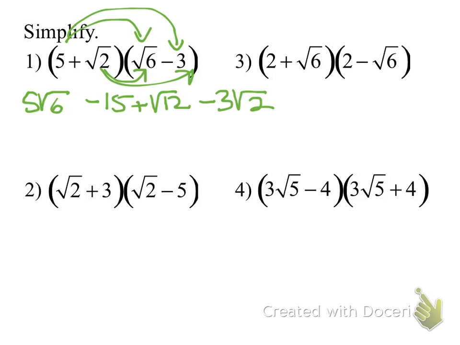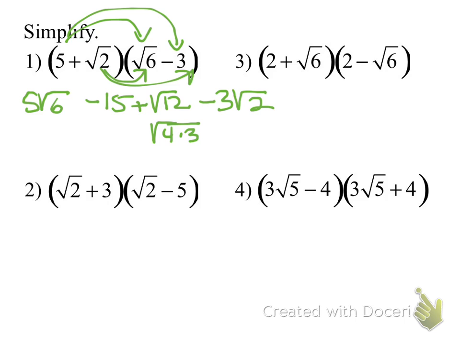Can any of those terms be combined? No. Okay, can anything be broken down more? Radical 12 is made up of a radical 4 times 3.